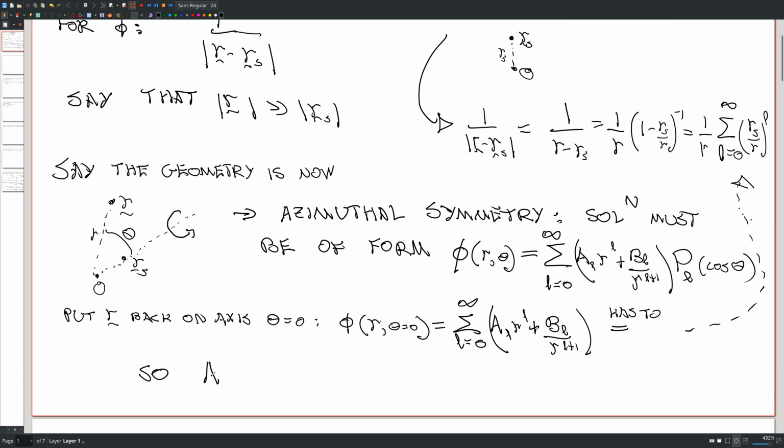All the AL are 0, and the BL, you see, I have 1 over R to the L plus 1, so BL is just equal to RS to the power L. And I'm done. Question?